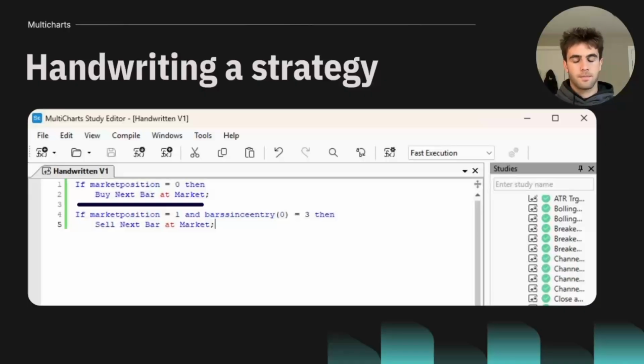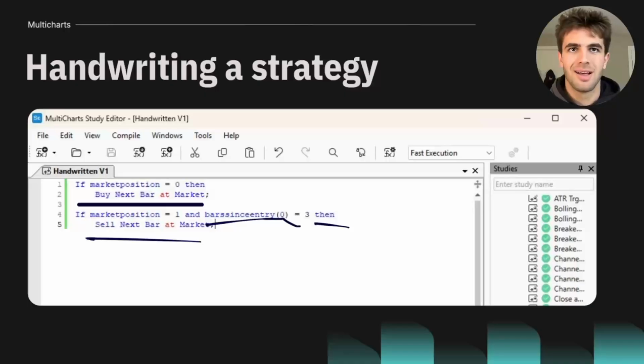Then after that, if I am in a position, that's what market position 1 equals, or in a long specifically, and it's been 3 bars since entry, then sell on the next bar, market order. This just enters long and sells 3 bars later.